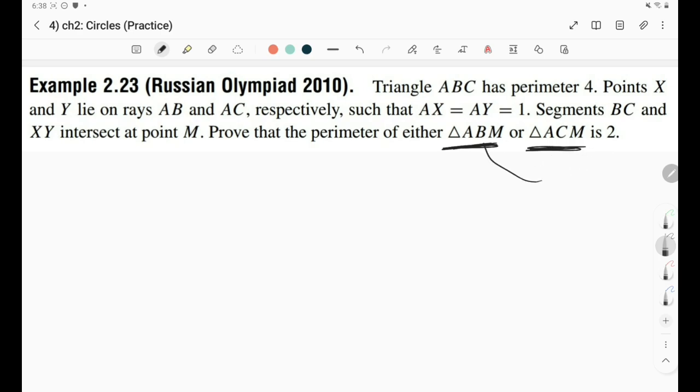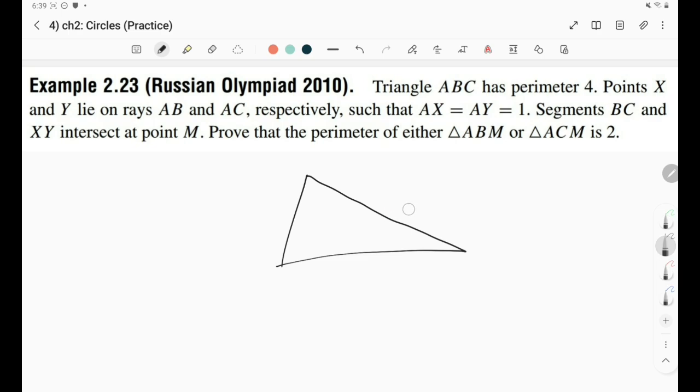So clearly that means it's going to depend on our diagram. One of these two triangles will have perimeter 2. Okay. So let's get started with this question. The diagram is going to be something like this. We have a simple triangle, and then they're defining X and Y such that, let's say, Y is here, maybe here, AY is 1, and X is here such that AX is 1 as well.